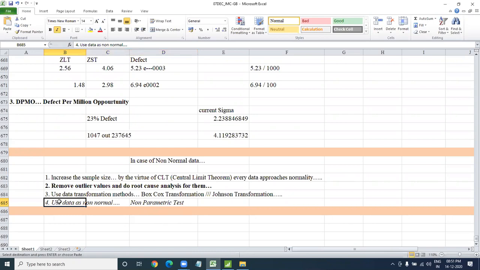If it's normal, we'll use the tests we will be covering. But if it's non-normal, there is a separate series of tests for it. So there are different approaches to dealing with non-normal data.